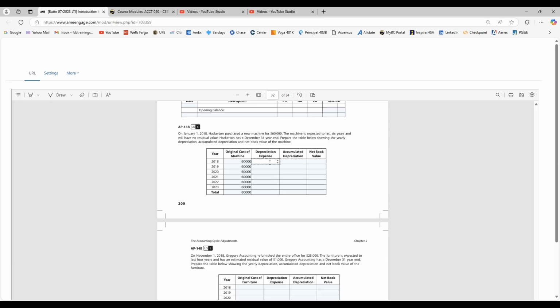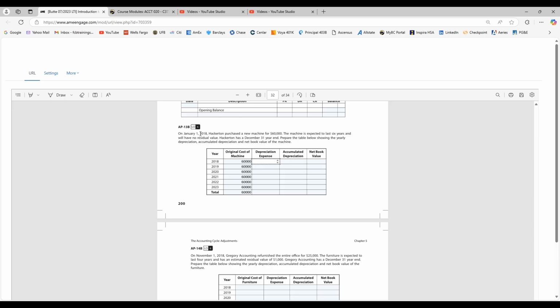Okay, and then we need to figure out our depreciation expense. This one's actually pretty easy because we don't have any residual value, so we just take $60,000 and we have a whole year's worth of depreciation to be recorded in 2018 and onward.